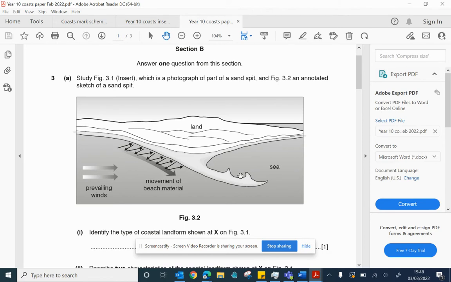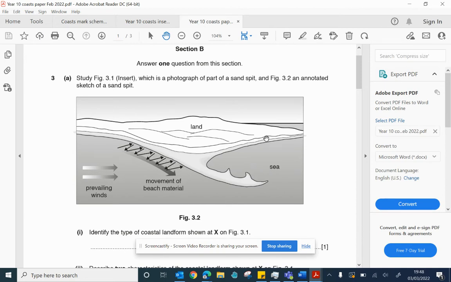So that's all you would need to get the 4 marks. And it's not that hard, is it really? 1, reference the prevailing winds influencing wave direction, and therefore creating longshore drift, which moves the sediment along in a zigzag motion.